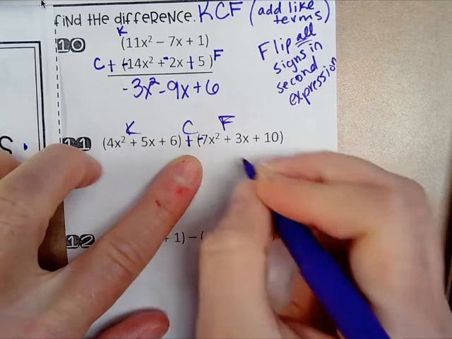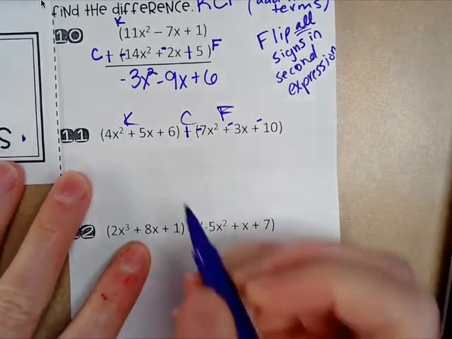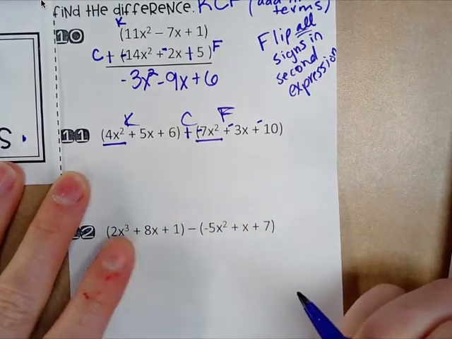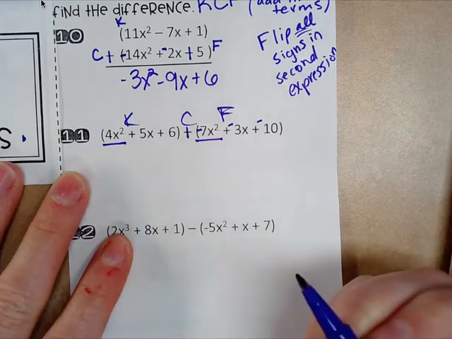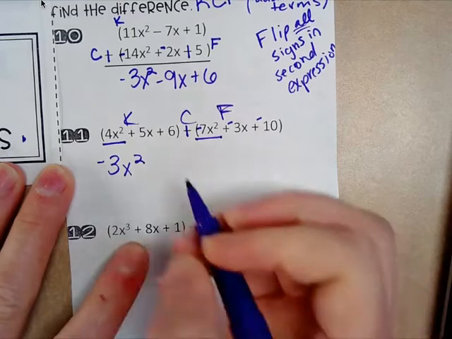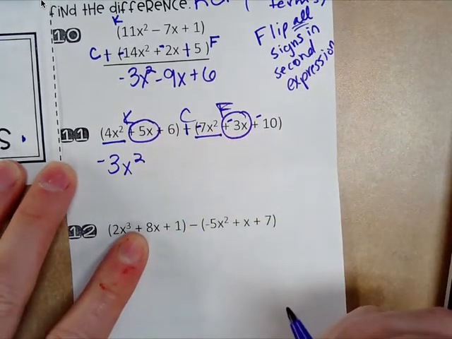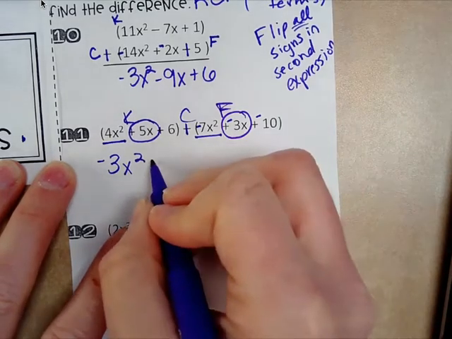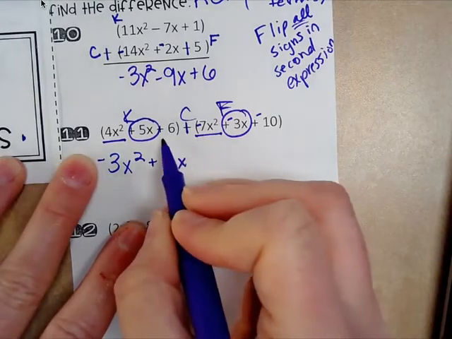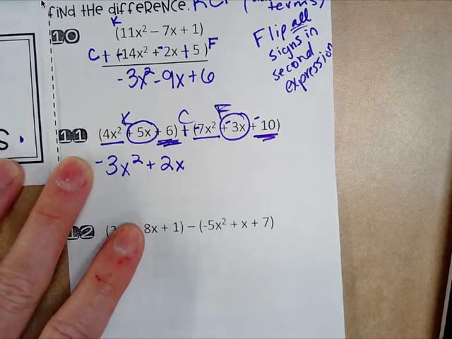So this is negative, and this is negative. So 4x squared and a negative 7x squared. 4 minus 7. Negative 3x squared. Did y'all get that? Okay. And then a positive 5x and a negative 3x. 5 minus 3. Plus 2x. All right. And then positive 6 and a negative 10. Negative 4. Good.